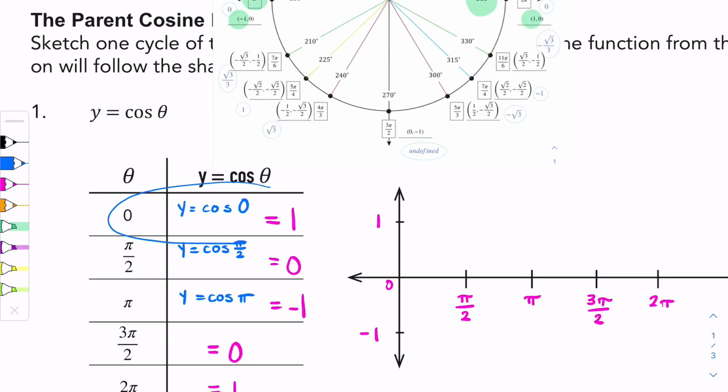I'm going to graph this point. So at 0, I'm going to plot a point at 1. At pi over 2, I'm going to plot a point at 0. At pi, I plot my point at -1. 3 pi over 2 is at 0, and 2 pi is at 1.